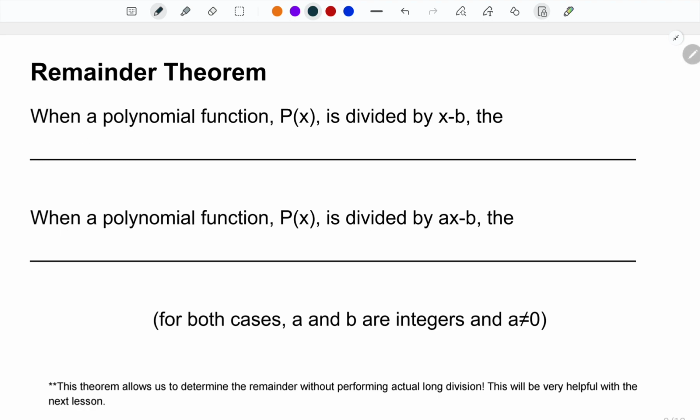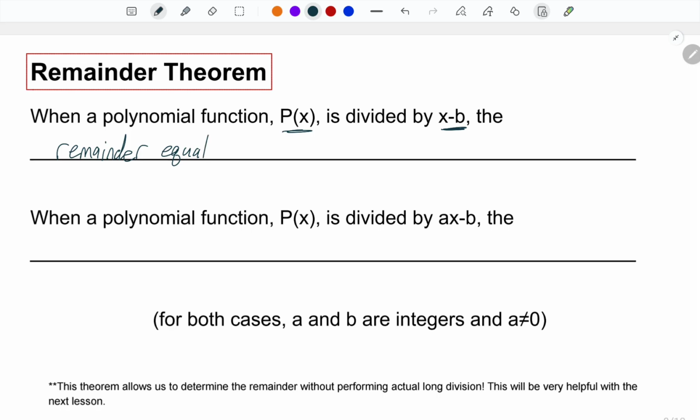So what we can say, in general, and this is what we're going to call the remainder theorem, is that if you have a polynomial p of x, and you divide it by something like x minus b, the remainder will just equal p of b, as in substituting that number. So we saw up above, when we divided by x minus 3, sub in p of 3.